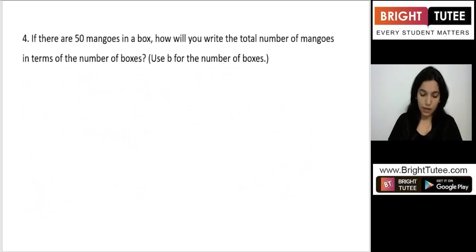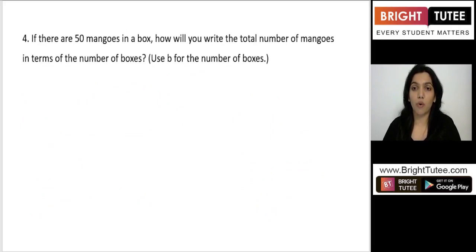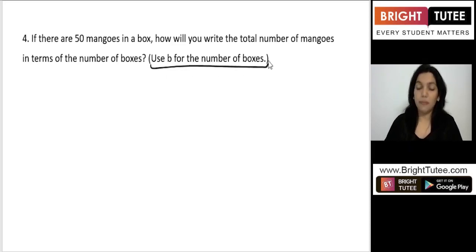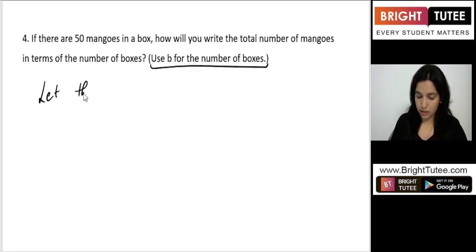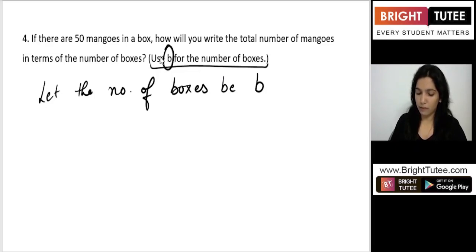Okay. Moving to the next question, it says if there are 50 mangoes in a box, how will you write the total number of mangoes in terms of the number of boxes? So here, because we have got B for the number of boxes, let's say let the number of boxes be this particular B alphabet as they have written.